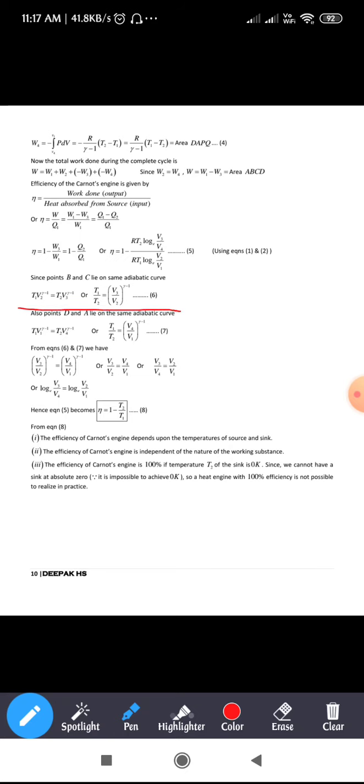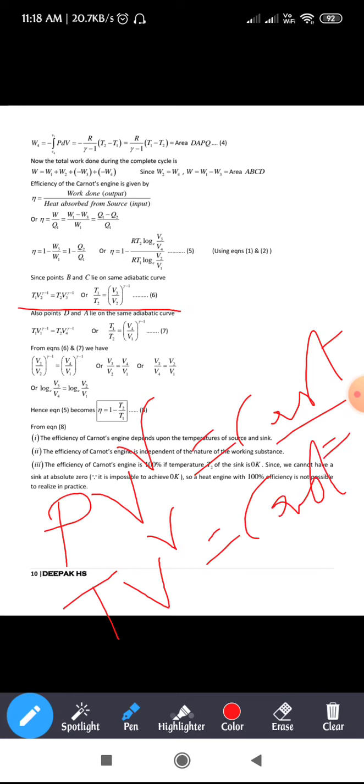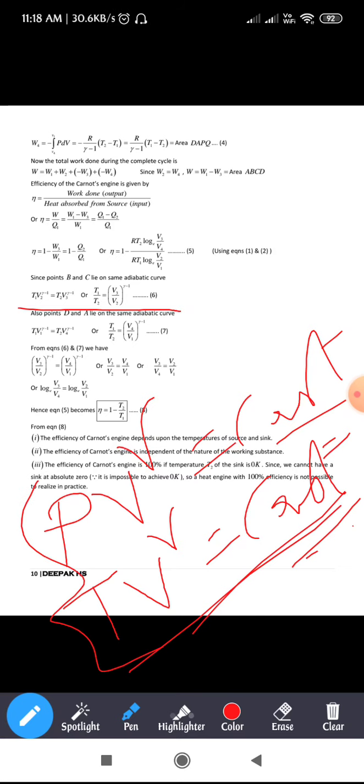As I said, the adiabatic equation is represented by PV to the power of gamma is equal to constant. Similarly, we have one more equation, that is TV to the power of gamma minus 1 is equal to constant. This is an adiabatic equation too. One is in terms of pressure and volume, and this is in terms of temperature and volume.